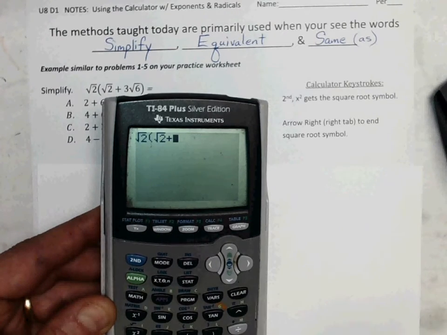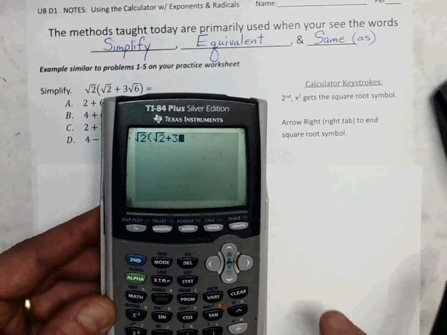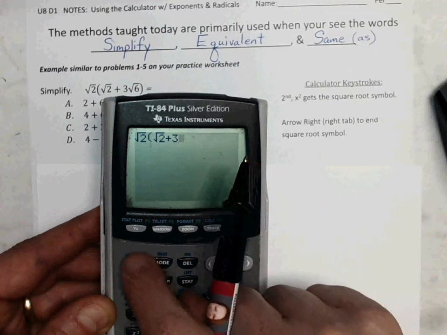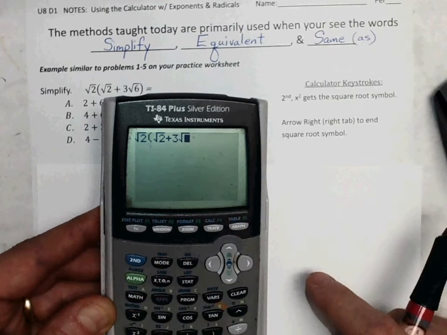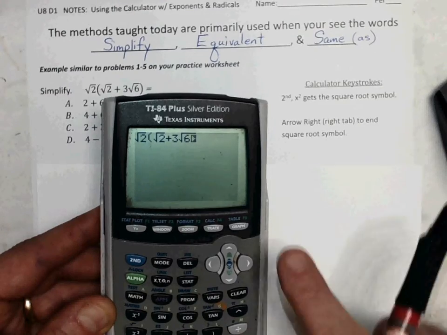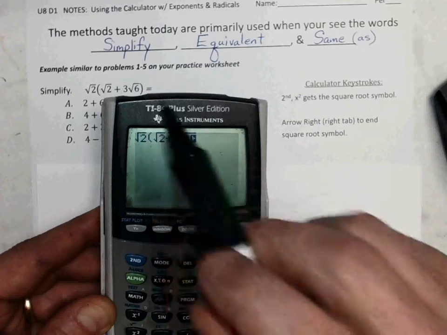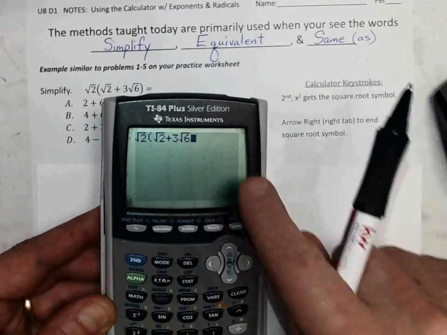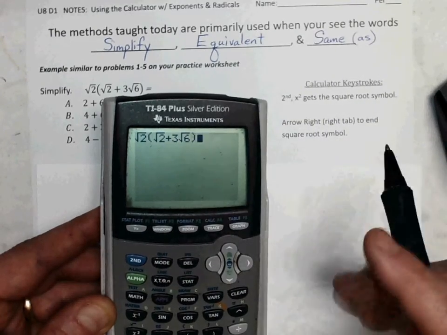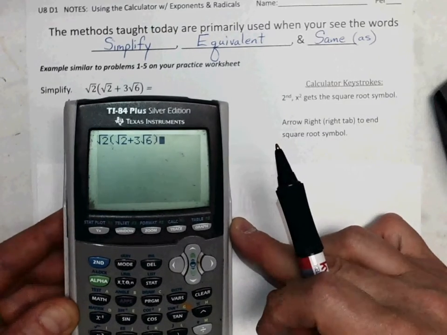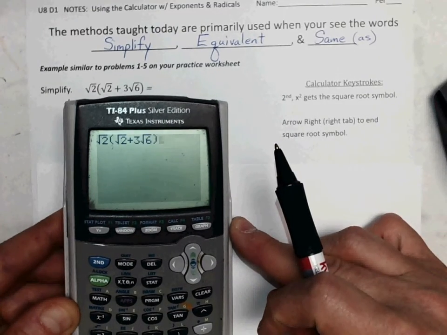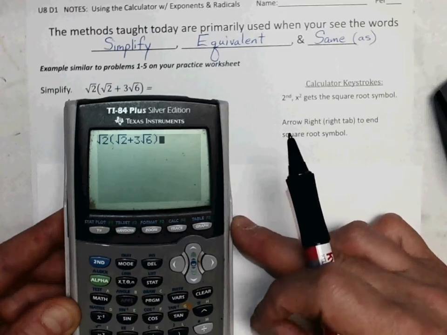And I need a 3 multiplied by the square root of 6, so I just need a square root squished right next to it. And I have a 6, and I need to tab out of this because that square root ends at the 6. And then I need to close the parentheses. Now look at my calculator, look at the original problem. It is exactly like each other.